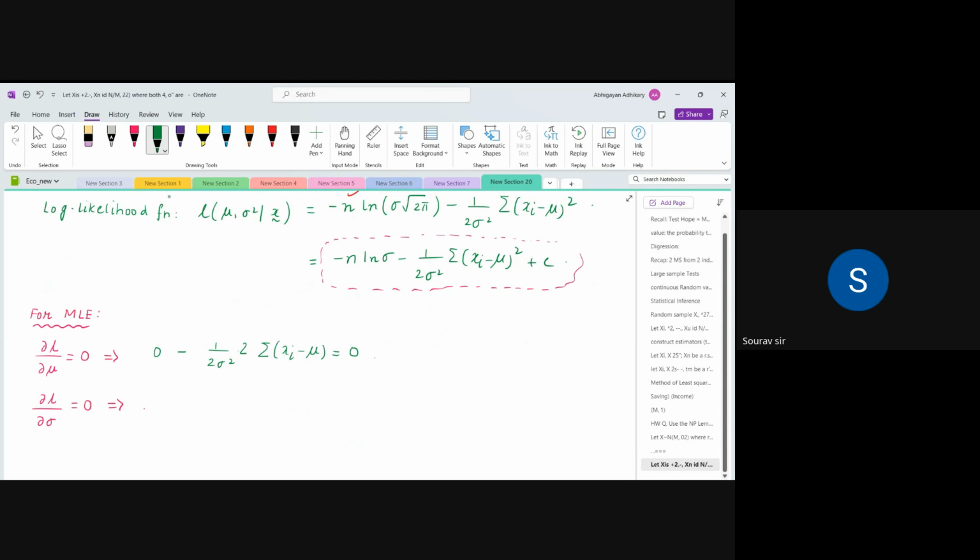Correct? So this 2 and 2 will get cancelled out, and since sigma square is not 0, that implies summation (xi minus mu) is 0. So what is your mu hat MLE? It is the sample mean, x bar.